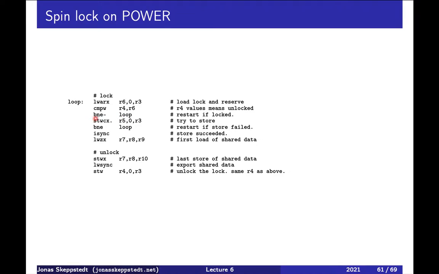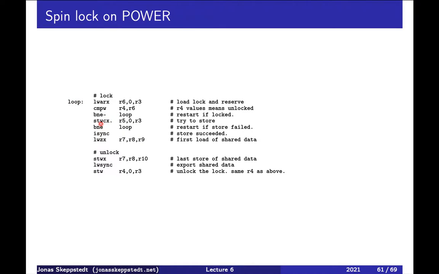And if it's not, branch not equal, then we repeat the loop and just continue busy waiting. Eventually, the owner of this lock will write the bit pattern to it that it's unlocked, and then we will get the cache miss after a while and load the data again. Okay, so this branch not equal will not branch back, but continue to the next instruction.